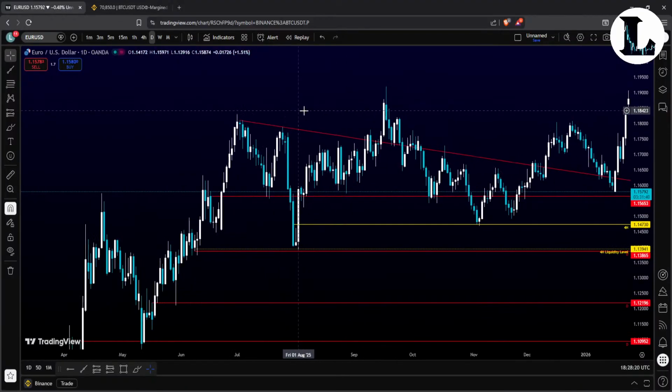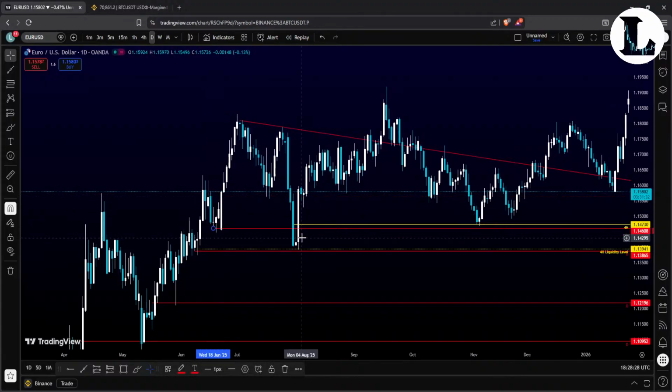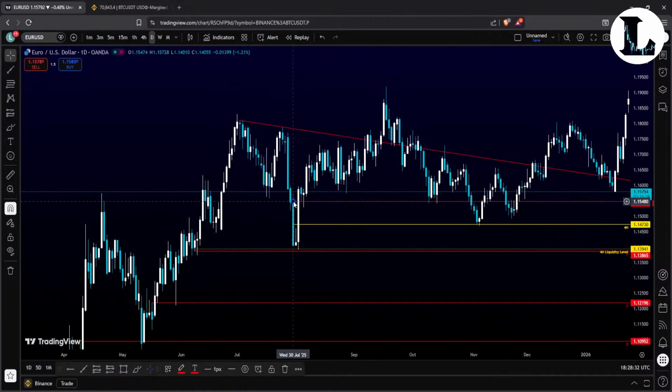And after that we just break down this support by breaking the level. We created another support here that was a really good support, and probably is going to be stronger than this one. Let me mark.